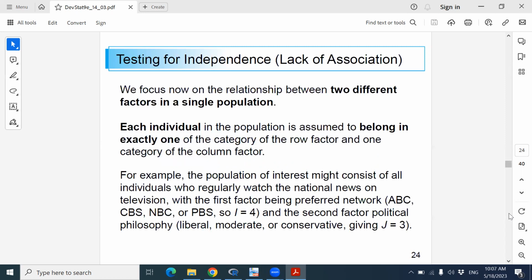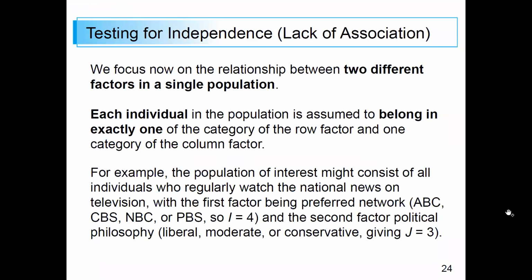In the test for independence, we are thinking about just one population. And for this one population, we have a row factor and a column factor. For the row factor, it's listing the different levels of that factor, and each of the columns lists one possible level of the column factor.